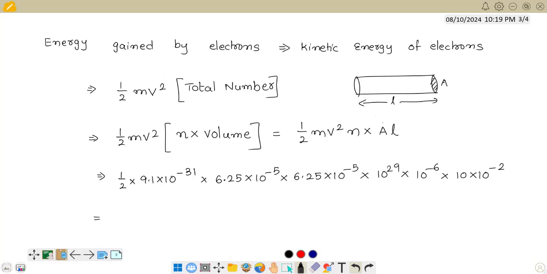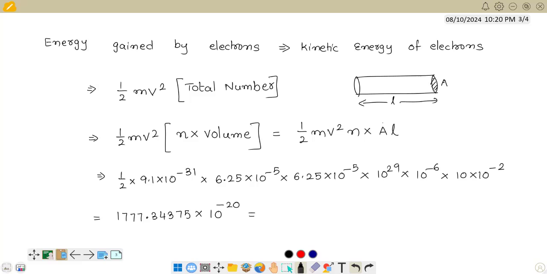If we go for it, we have 9.1 into 6.25 into 6.25 into 10 divided by 2, which would be 1777.34375, into 10 power minus 31 minus 10 minus 6 minus 2 plus 29, which should be 10 power minus 20.